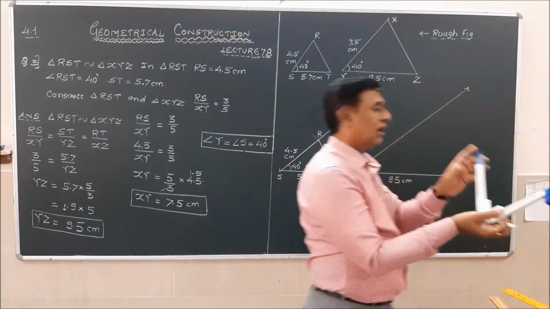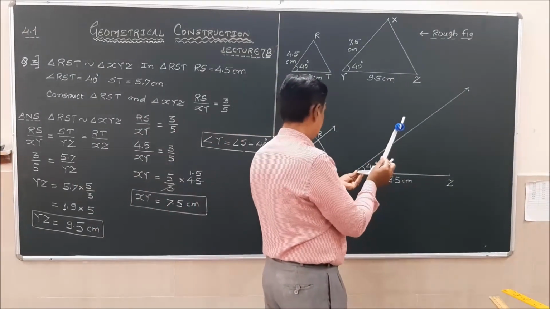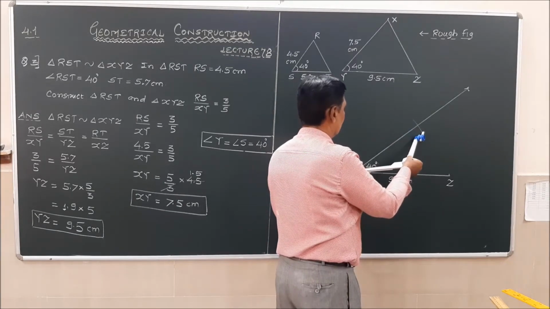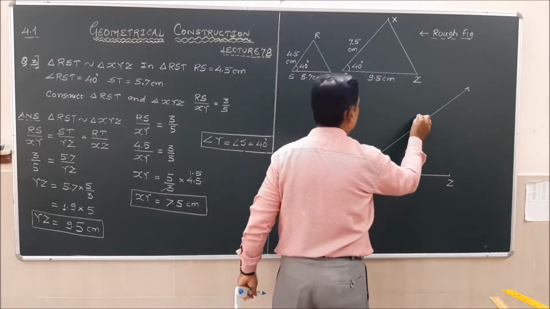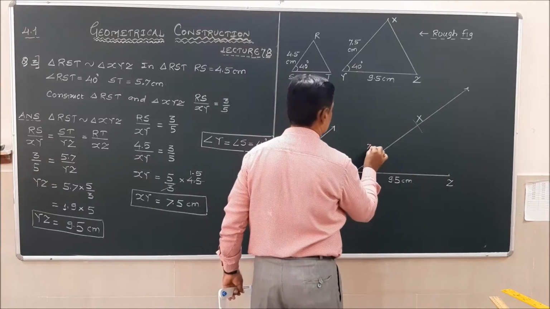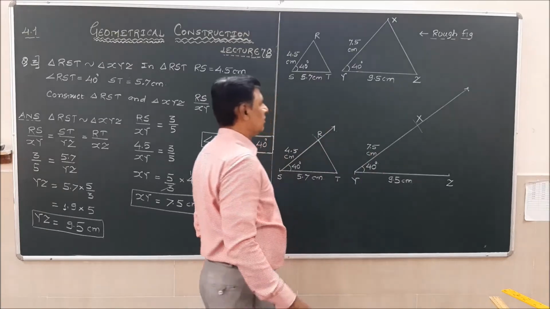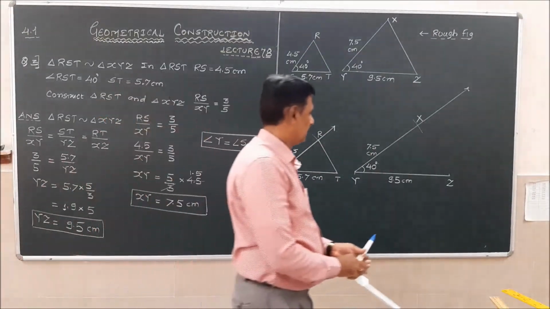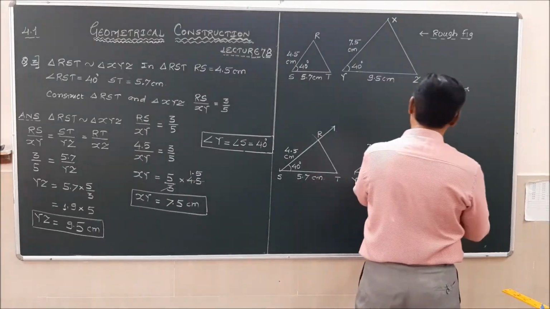Placing the metal point on Y, draw an intersecting arc on this side and locate the position of X. We'll be taking XY as 7.5. Then simply complete the figure.